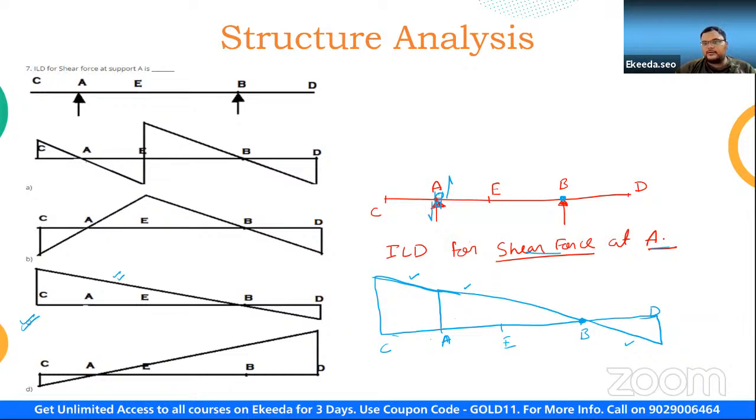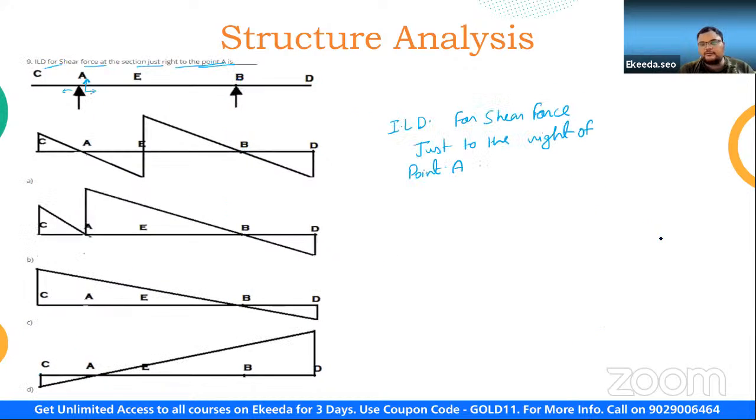In this question, we have to find out the ILD for shear force at point A. But in this question, we have to find out the ILD for shear force just to the right of point A, right? So it means we are only going to apply the shear force.